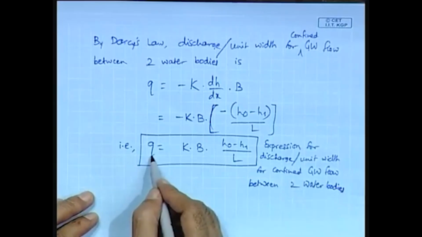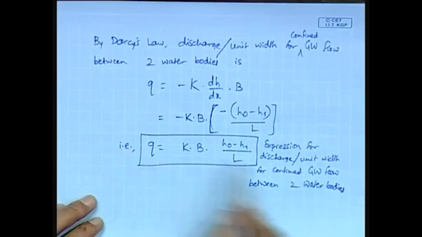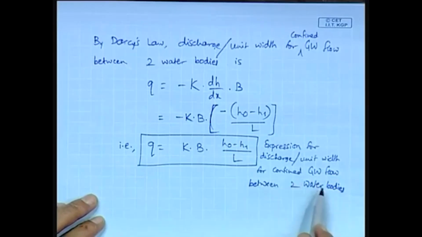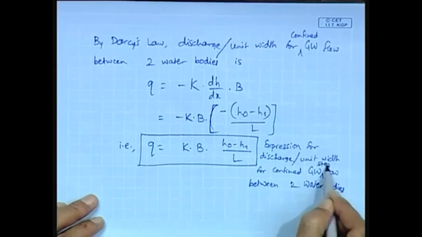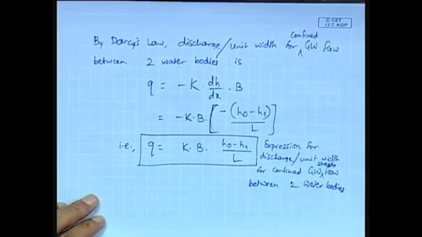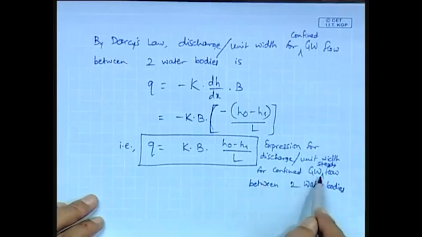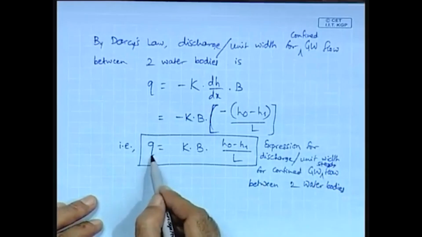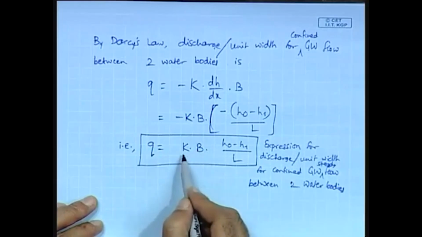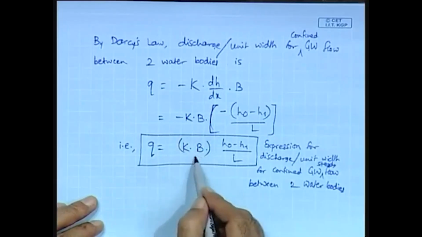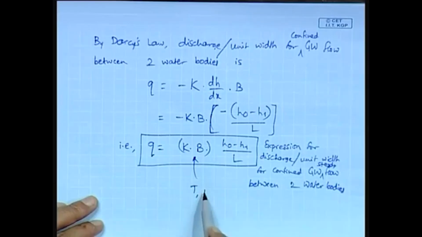And obviously, here we start with steady flow, confined groundwater steady flow between two water bodies. So, in this case the discharge per unit width is given by K into B, which we can also replace by transmissivity T, the transmissivity or transmissibility.